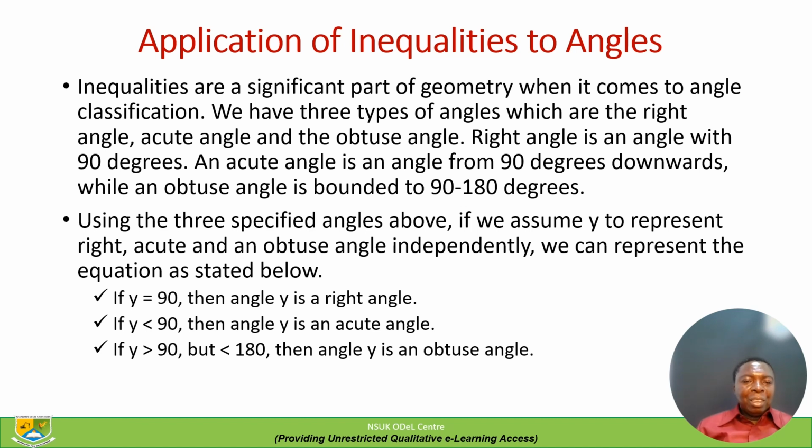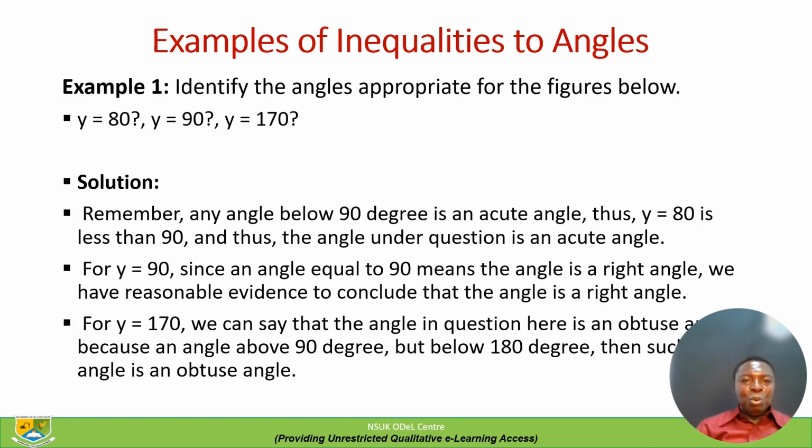If y is less than 90, then angle y is an acute angle, because anything less than 90 degrees is acute. And if y is greater than 90 but less than 180, then that angle is obtuse, because an obtuse angle is bounded between 90 and 180. Thank you. Let's move forward.